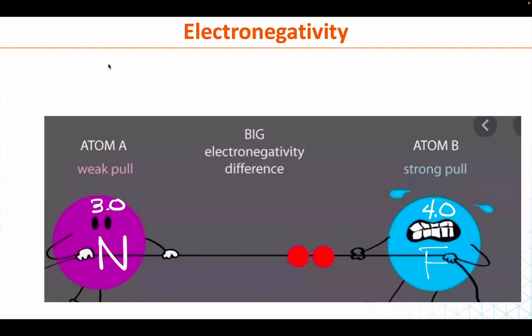And it goes from 0 to 4.0, kind of like a GPA. So for example, fluorine, with an electronegativity of 4.0, versus nitrogen, which has only an electronegativity of 3.0. So the electrons that are being shared in the bond are going to be attracted to the fluorine more.